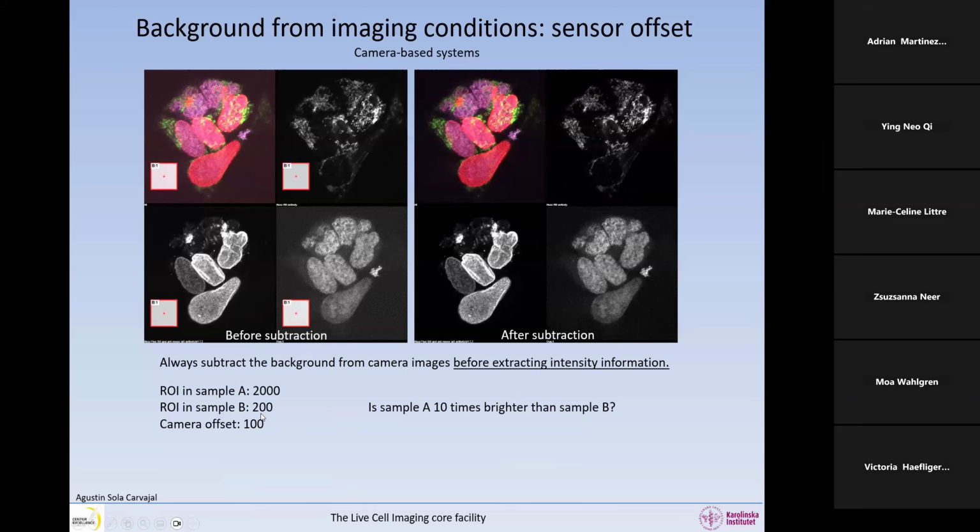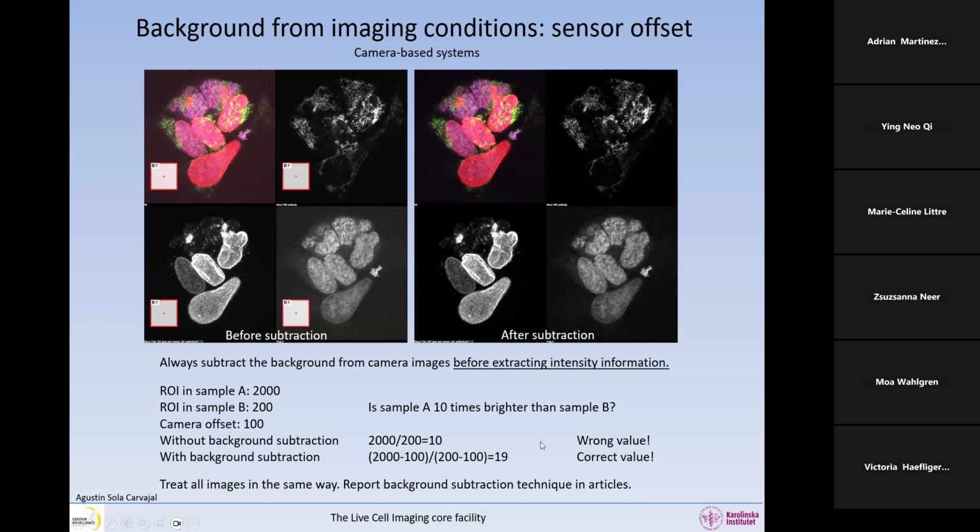And then in the second sample, we have an intensity of 200. And this is quite dim. It's quite close to the camera offset, which is 100. Okay, can we say that sample A is 10 times brighter than sample B? No, we can't say that because we first need to subtract the background.